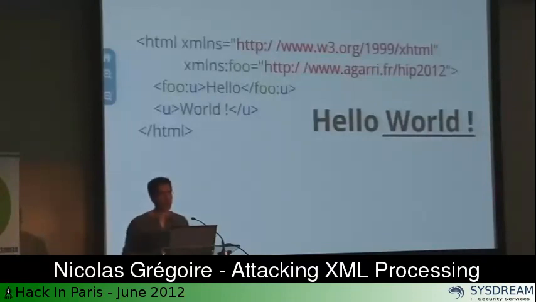And when a browser interprets this kind of content, only the word will be underscored because the browser has no idea what the U tag means in the full namespace, so it doesn't act on it, but it knows the U tag in the XHTML namespace, so it underscores this part of the text. So it's a very basic example.